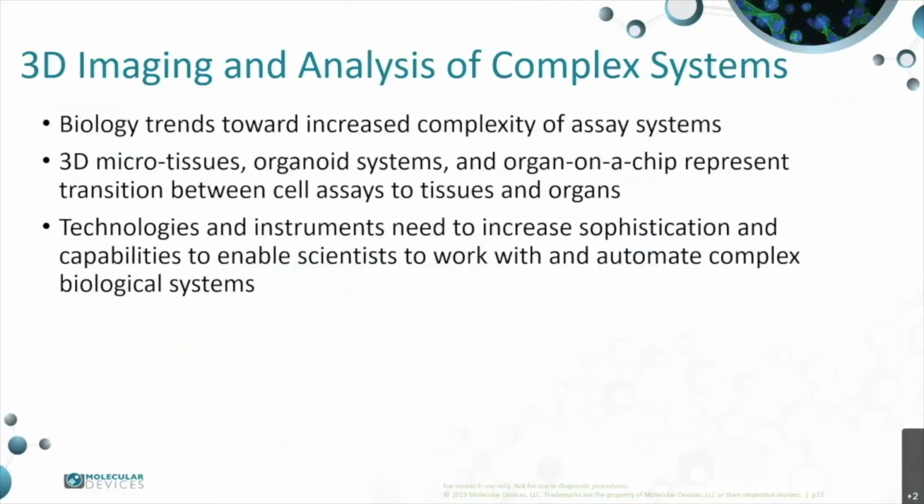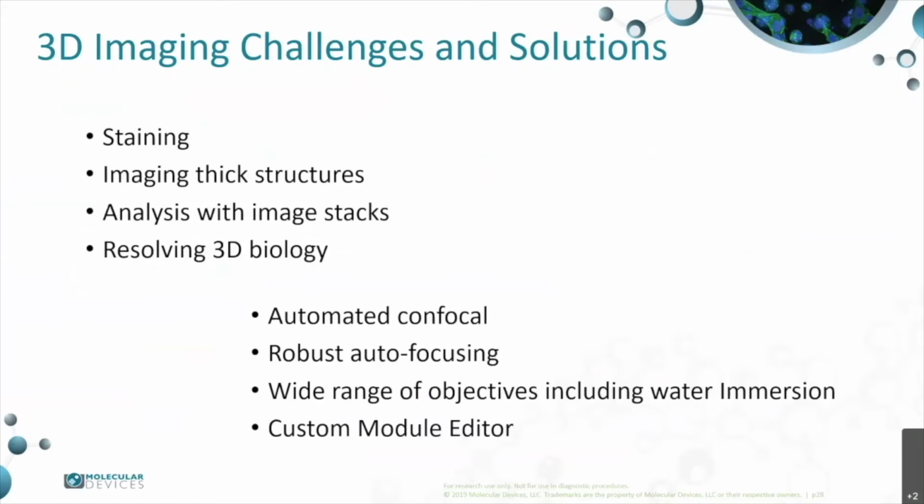Then technologies and instruments need to increase sophistication, complexity and capabilities to enable scientists to work with and automate those complex biological systems. So there are a number of challenges related to 3D imaging, which include staining, imaging structures, analysis of imaging stacks, and also resolving 3D biology and giving scientists the numbers.